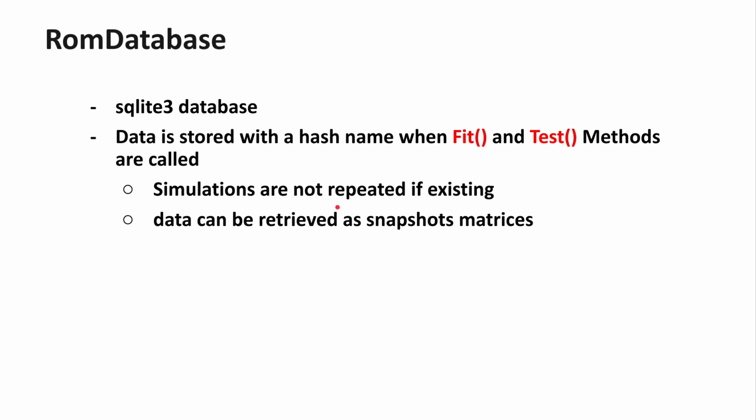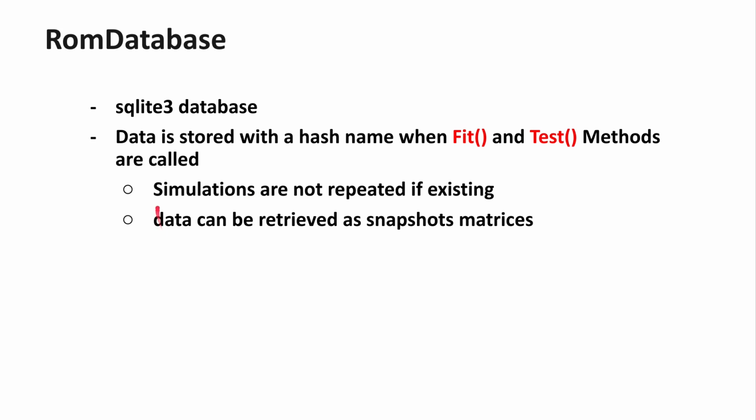But if for the existing parameters this simulation or these results exist, these matrices, which we will see are actually NumPy arrays, then no double work is done. It will go to the database and fetch the required data.